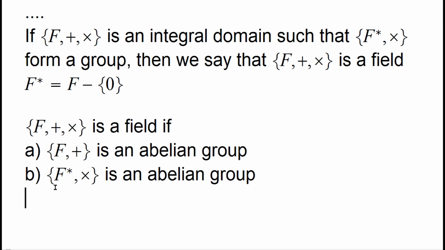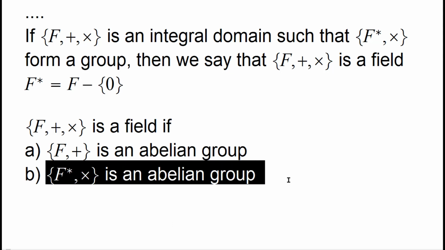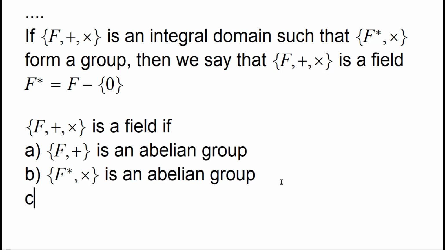And it will not have any zero divisors, so it automatically is an integral domain. And the last condition being the distributive property, so A cross B plus A cross C.